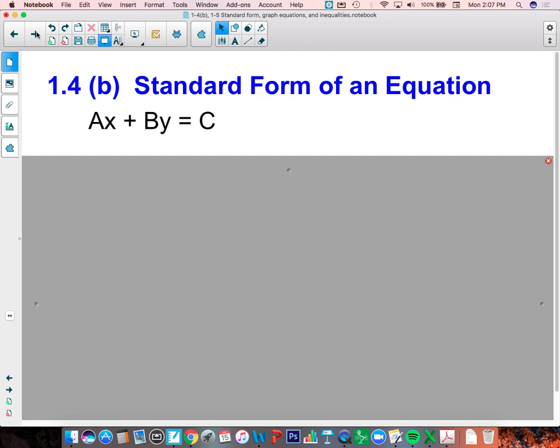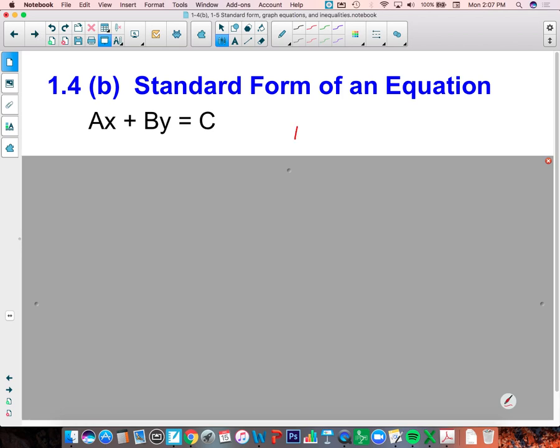All right, so the next thing in our linear equations was standard form. That's the standard form on the wall above the board that I showed you guys yesterday. So you have ax plus by equals c, all right? A lot of people get confused by this because they're like, oh, how do I solve for a? How do I solve for b? Or how do I solve for c?